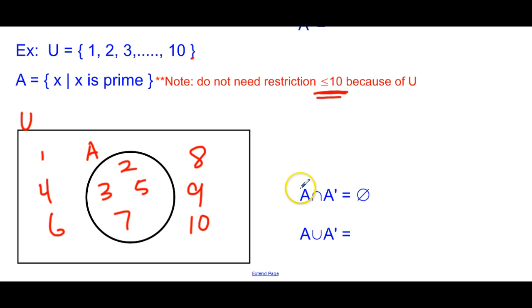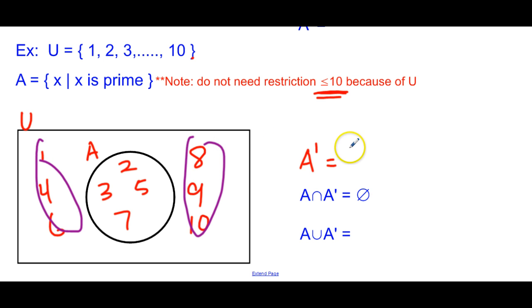So let's look at a couple of examples. A complement, A naught, would be everything that's outside of A, so everything outside would be these numbers. We can write 1, 4, 6, 8, 9, and 10.